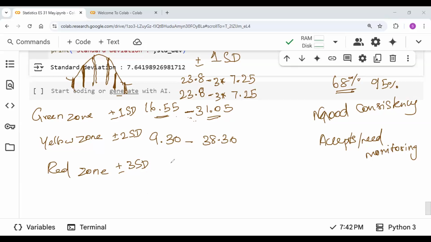Those values lesser than 9.30 or greater than 38.30 from the above range are all going to be unusual or outliers. That is in the red zone, unusual data points or outliers.